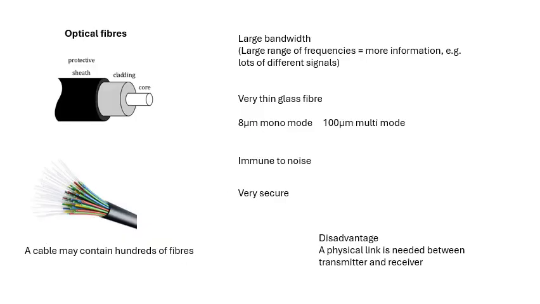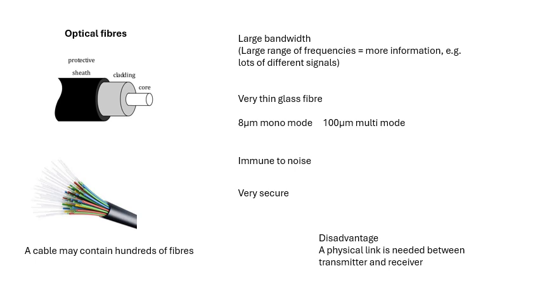Optical fibers. You've done loads about optical fibers on the core syllabus, and I'm not going to repeat that here, but basically very large bandwidth. As I said, it's possible to send 100 different telephone calls down one single fiber. Very thin glass fiber.